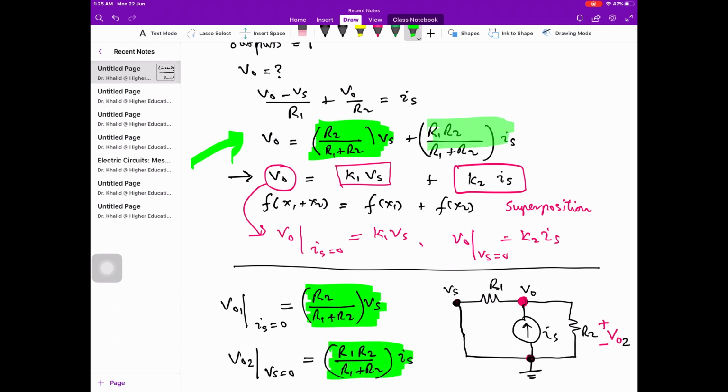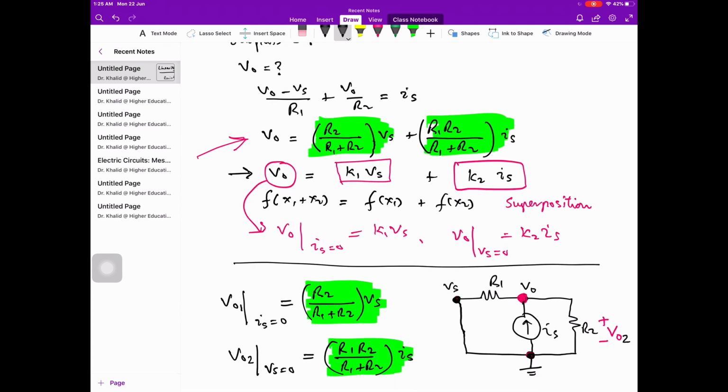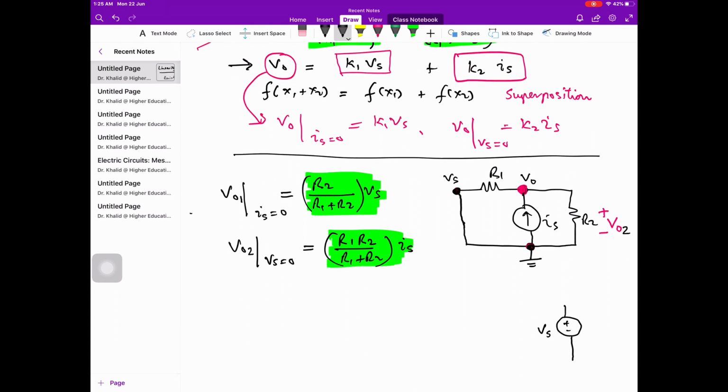Now in this expression, we considered both sources, and we applied the node voltage method in order to find the overall VO due to the current source and due to the voltage source. Over here we have found the output voltage only due to Vs and the output voltage only due to Is. And now finally we can say that the net output voltage is the sum of these two parts.